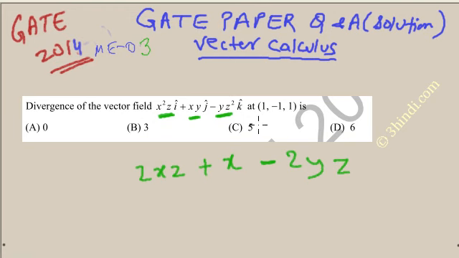If you put 1, minus 1 here, so for y it is minus 1 and the rest is 1, so 2 plus 1 plus 2, this is equal to 5. So this is correct.